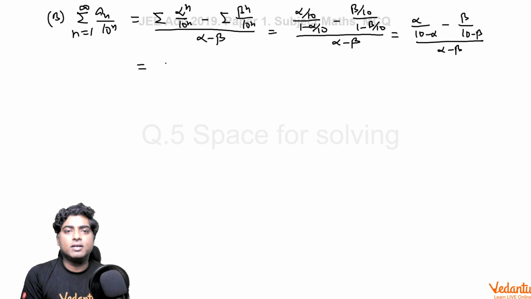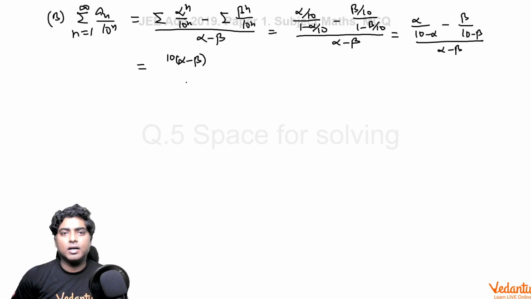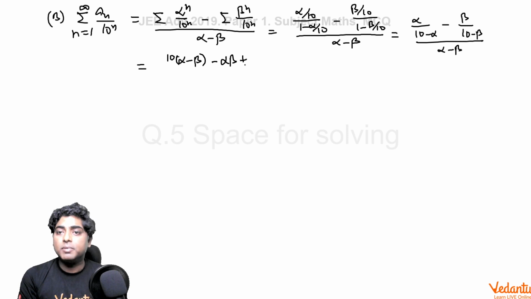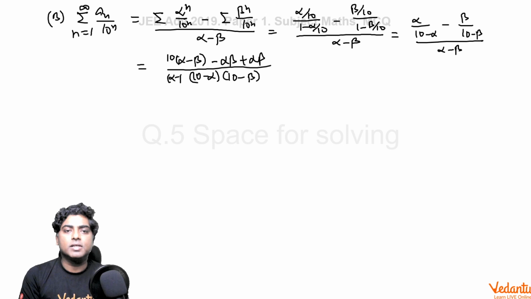So further we can write 10 times alpha minus beta, okay, and what we are getting here, minus alpha beta plus alpha beta you'll get upon 10 minus alpha, 10 minus beta, and alpha minus beta is also there.